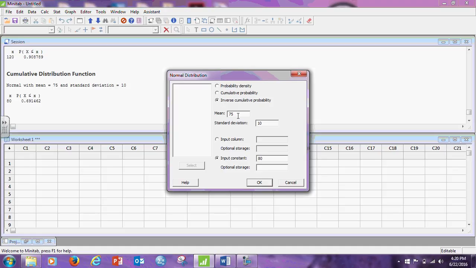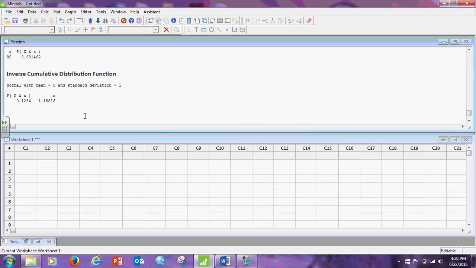Number 2A has a mean of 0 and a standard deviation of 1. And let's find the value that has an area of 0.1234 to the left. Just like the table, Minitab always wants the area to the left, so that value would be negative 1.16.